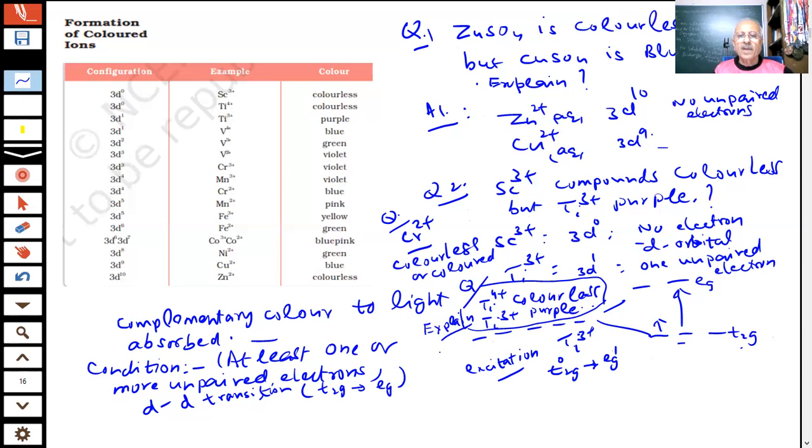In Ti4+ there are no unpaired electrons, 3d0, no electron in the d orbital, and in Ti3+ there is one unpaired electron. So here is the story about the colors of the transition elements.